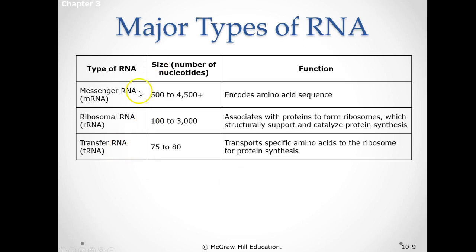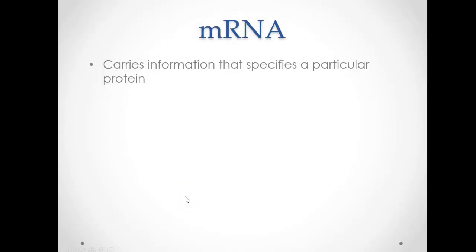There are three major types of RNA, and each one of them is involved in the process of protein synthesis. We're going to talk about messenger RNA, ribosomal RNA, and transfer RNA. So let's talk about messenger RNA first, or mRNA as it's abbreviated. This is the type of RNA that actually contains the information on how to construct those proteins.